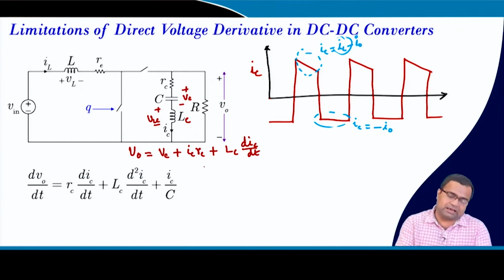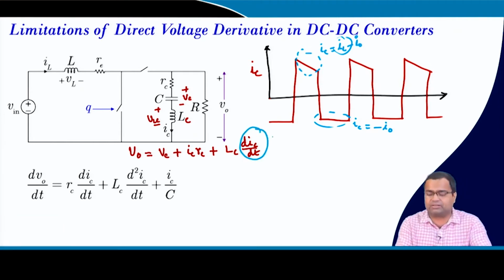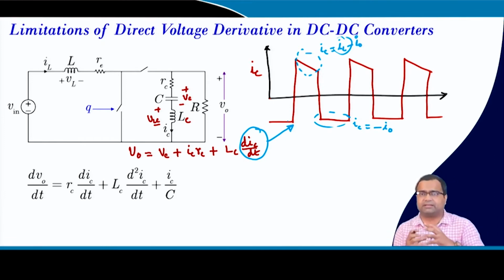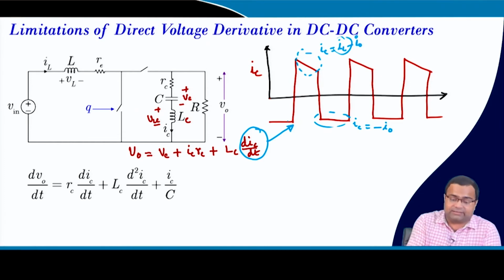Since my capacitor current is already discontinuous, this is already a trouble, because if you differentiate at this point of discontinuity, you will get a huge spike. If you add a further derivative, then you will get a double derivative. So, you will get a double action, and it will be problematic here.